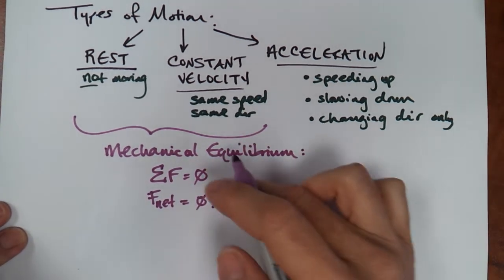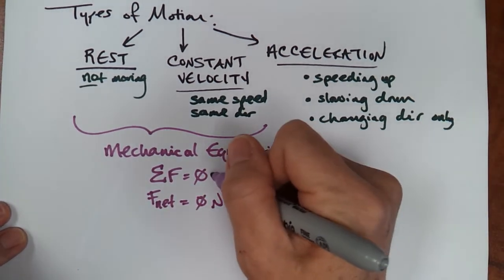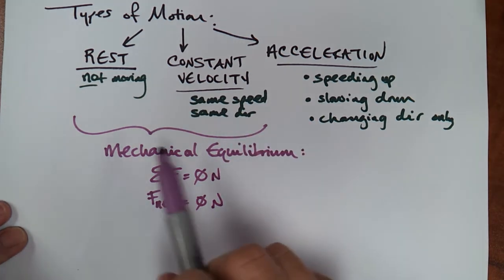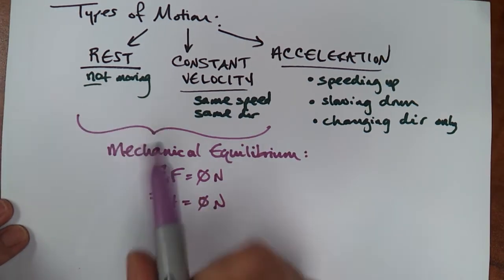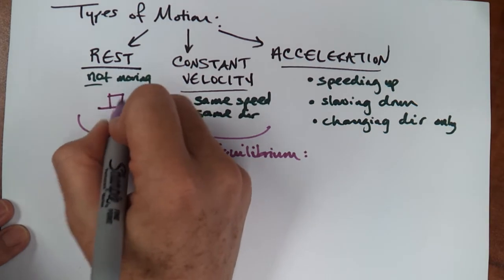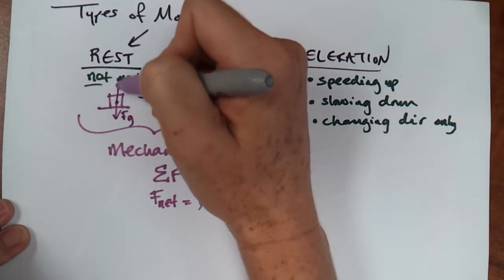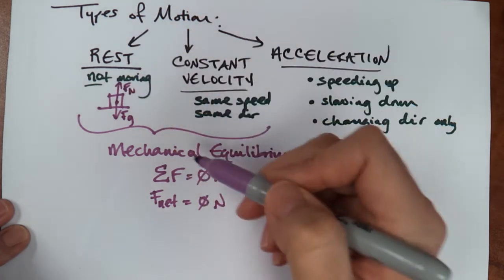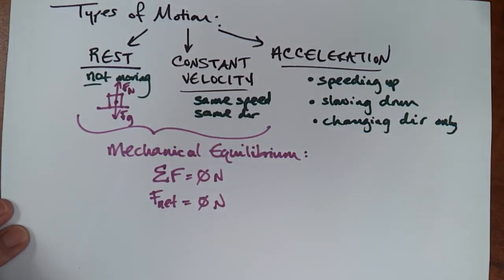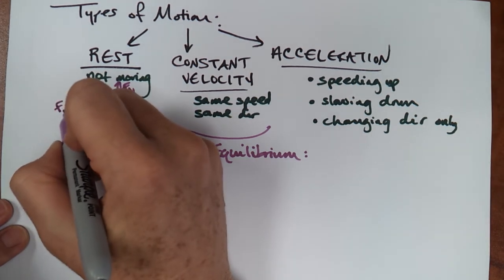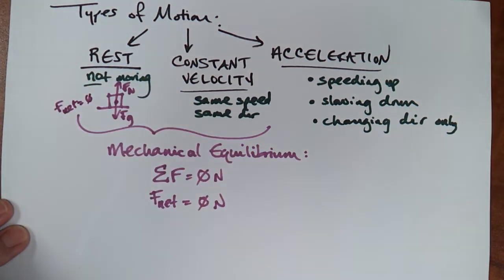We've used both. They mean the exact same thing. Okay? So anytime you're not moving, so if I were to draw you not moving, I have my gravity force, I have my normal force, and I'm not moving. That is mechanical equilibrium. My F net is 0.